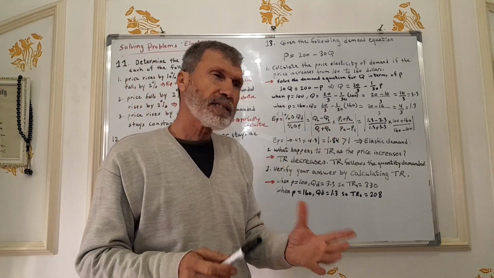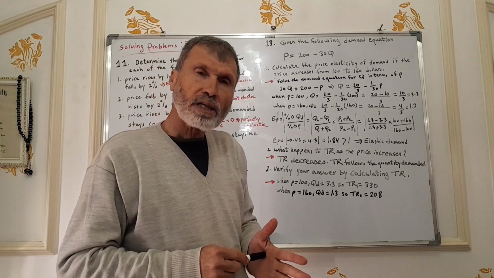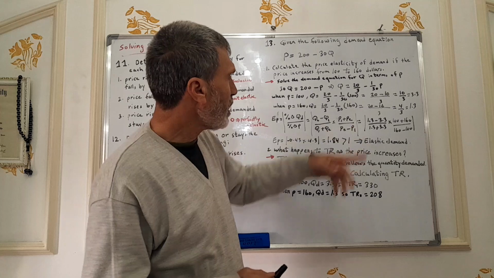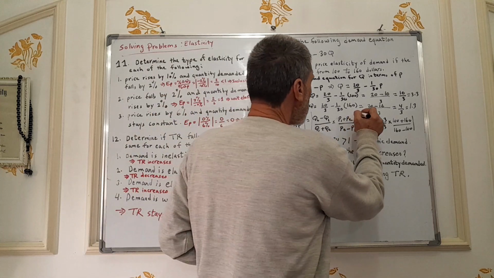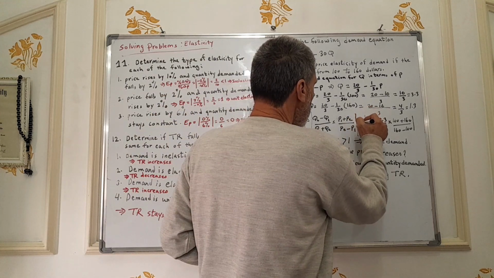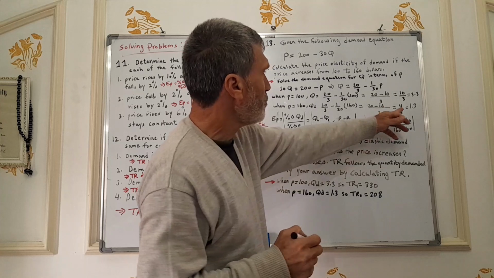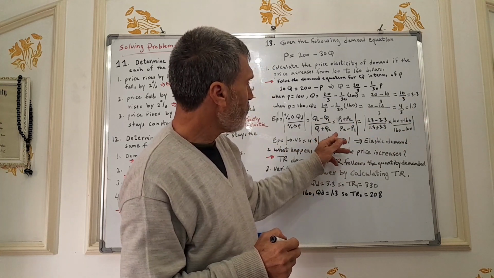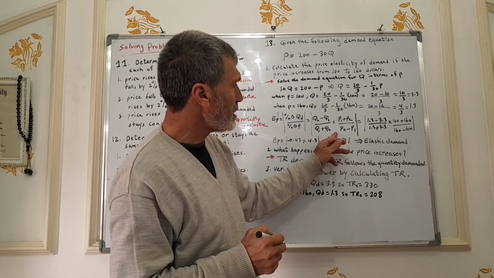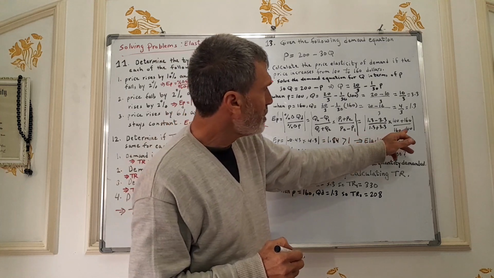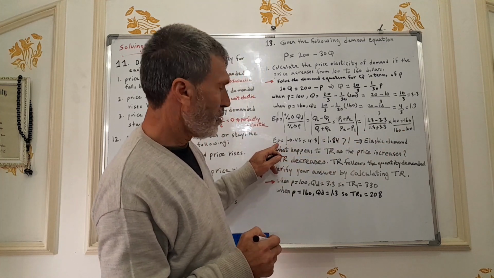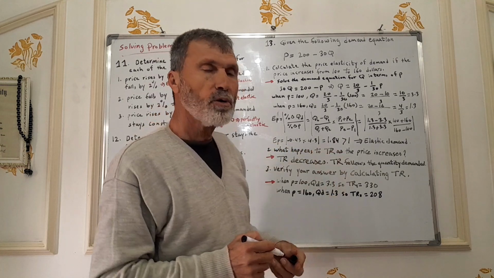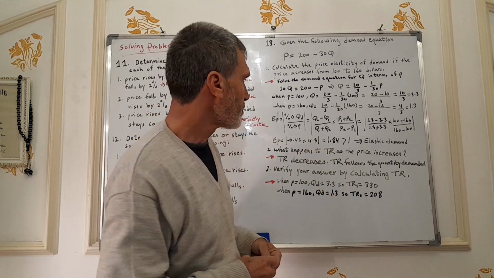This is a very simplified way to calculate the price elasticity of demand. When you plug those values into this simplified equation, you come up with EP, the price elasticity of demand, equal to 1.84, which is greater than 1, so it is elastic.